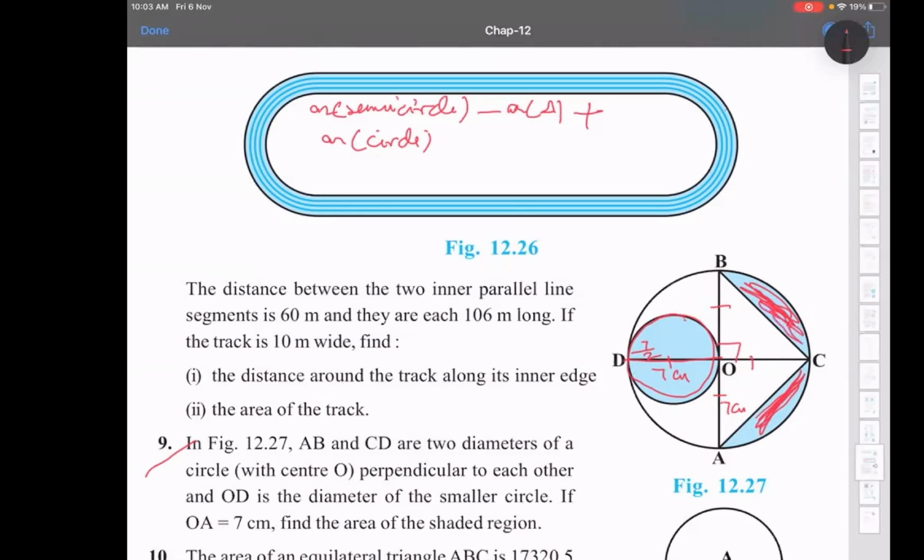After that, we find the area of the circle and add both, then we get the area of the shaded region very easily.